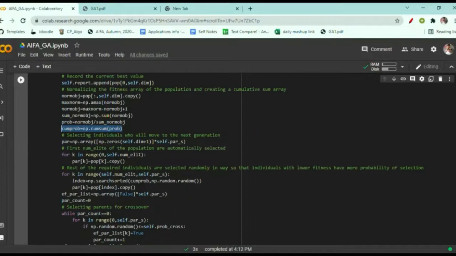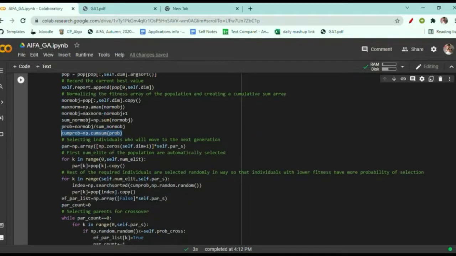Here three types of selections are happening. Now let's look at them. First, elite number of people are automatically selected from the ith generation. Next, a few individuals from the ith generation with the weighted probability distribution calculated here are randomly selected.